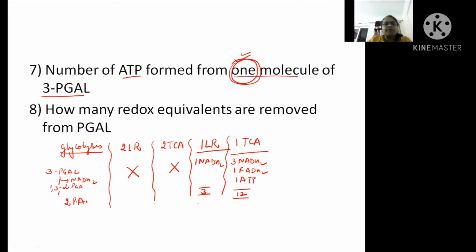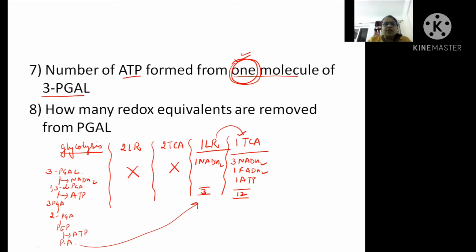Okay, now 1,3-DPGA will change into 3-phosphoglyceric acid by giving one ATP out. 3-PGA will change into 2-PGA and 2-PGA will change into phosphoenol pyruvate, and phosphoenol pyruvate will give again ATP out and form pyruvic acid, which is going to form one link reaction, and from one link reaction it will enter into one citric acid cycle.